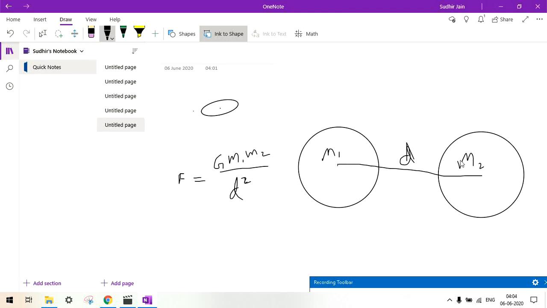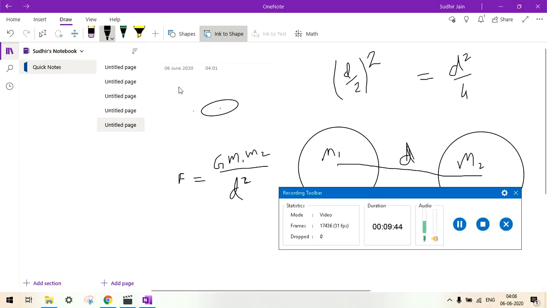The distance becomes d by 2, and the force is inversely proportional to the square of the distance, so it will become d by 2 whole square, which is equal to d square by 4, right?